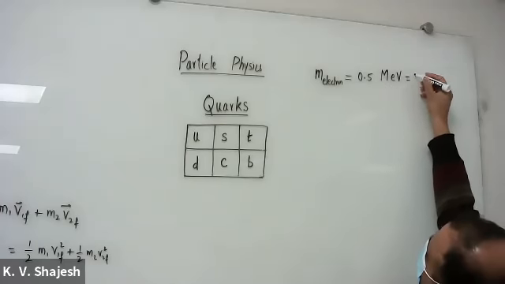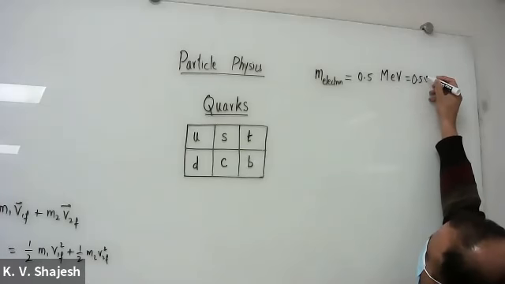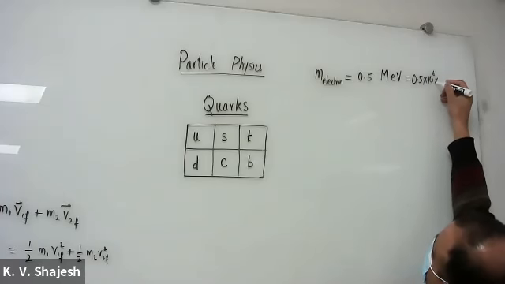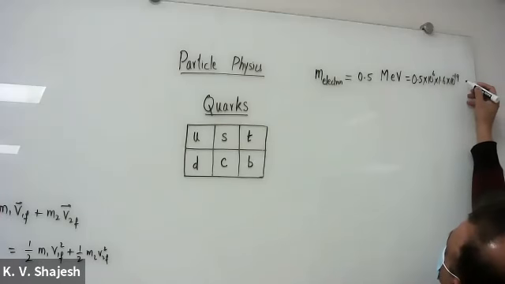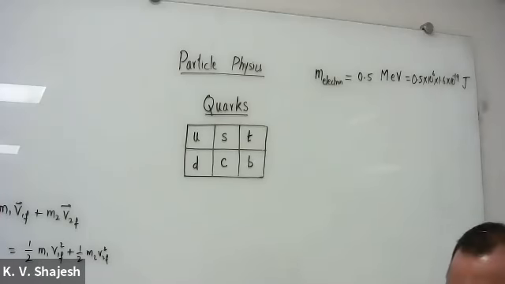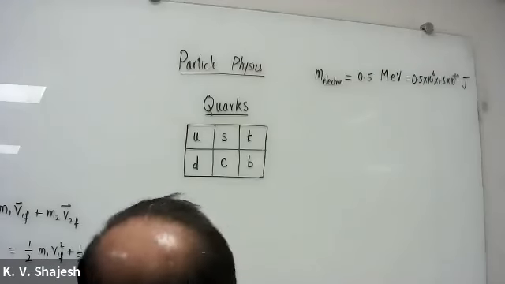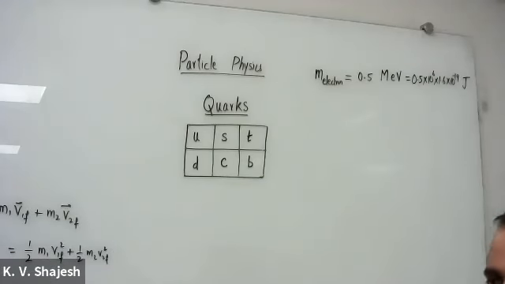So this is 0.5 times 10 raised to 6 times 1.6 times 10 raised to minus 19 joules. That's the amount of energy you need to create an electron.